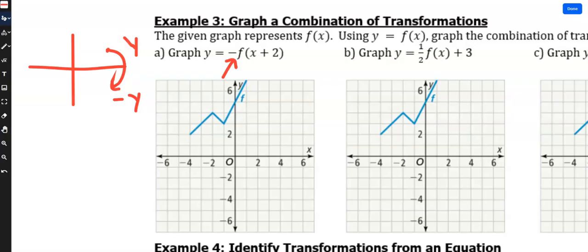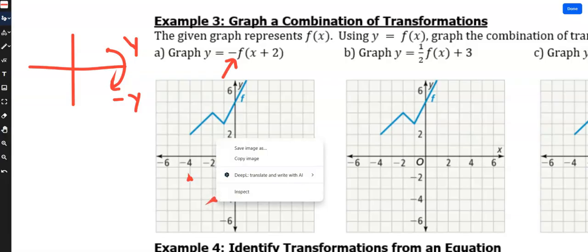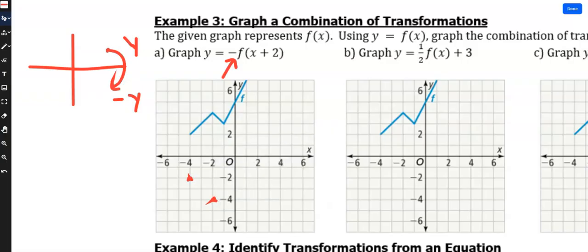So that means this point, I'm going to jump down to here, and then I'm going to have this point here, and then another point here. So far, here to here to here.